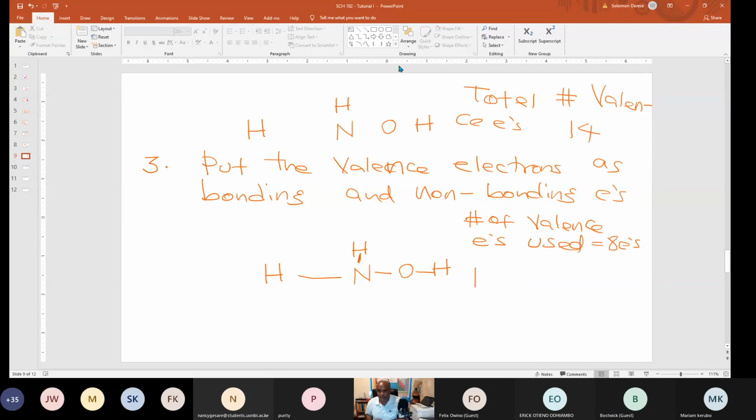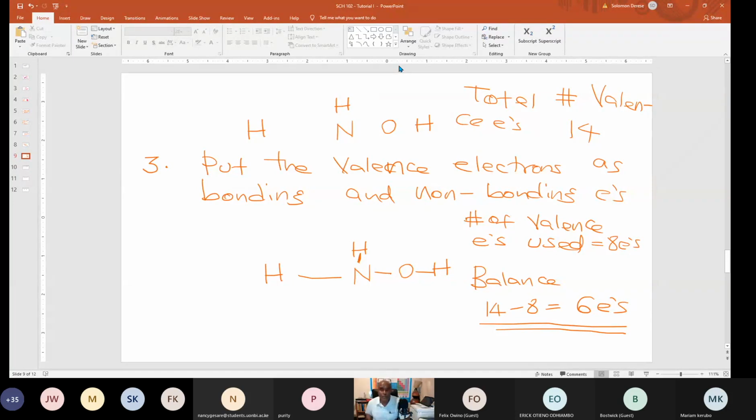The balance is 14 minus 8, 6 electrons. So when you are drawing the Lewis structure of a particular molecule, you must use all the electrons. We have only used 8 of the 14. We must use all of them. None of them can be left out.